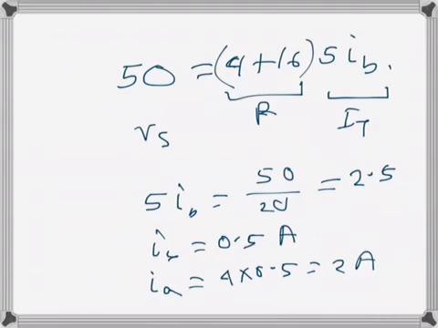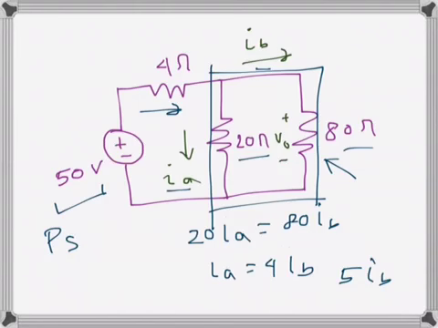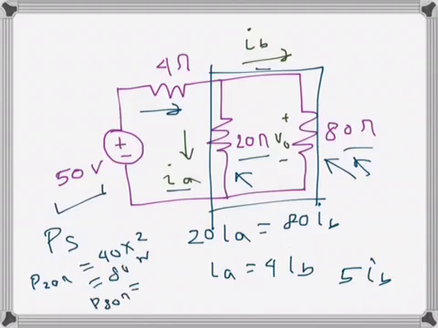Or if we needed to find power dissipated by this one and this one separately, we could have done the same thing. We know now what is IA and what is IB, so P20 ohms would be V naught, which is again 40, times IA, and IA is 2, so that is 80 watt, and P80 ohms would be 40 times 0.5, which is 20 watt.